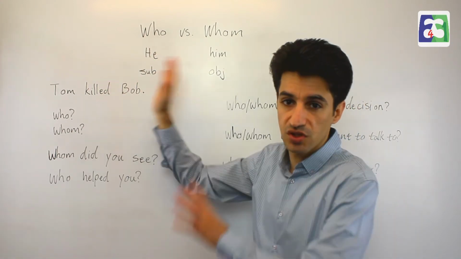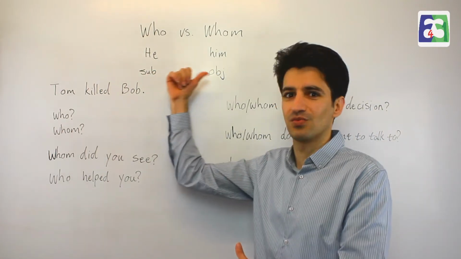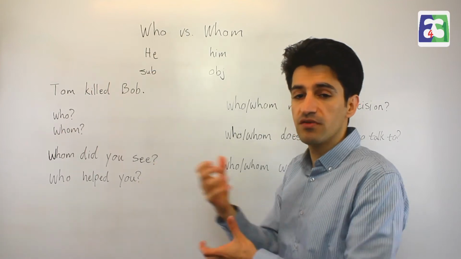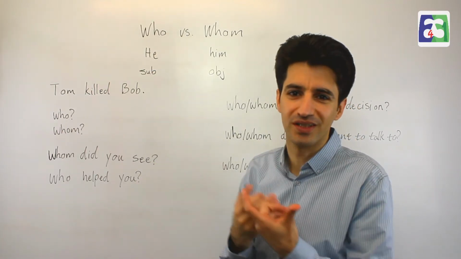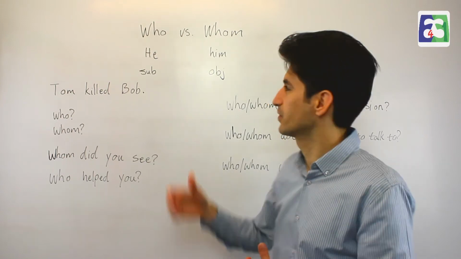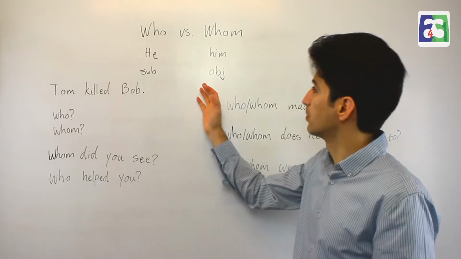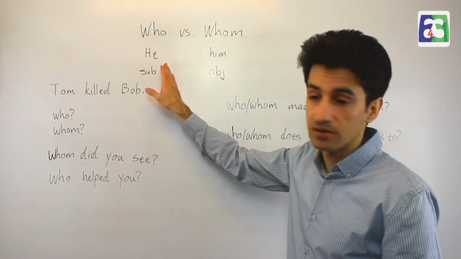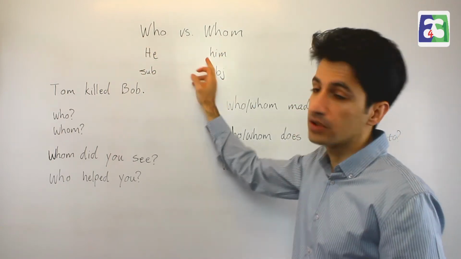Someone on the other side likes this one, kills this one, helps this one, calls this one. So this is the receiver of the action of being killed or being called or being helped. So we use who to ask about the subject, to ask about he, and we use whom to ask about him.